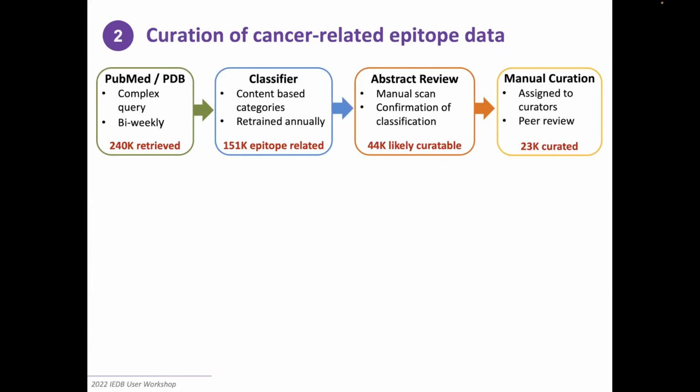And then the potentially curatable records are inspected by reading the abstract, and this actually eliminates a lot of not relevant, non-curatable potential information. And then the ones that pass to this stage are actually inspected by the PhD-level curation team that reads the paper and determines if the paper is curatable or not.